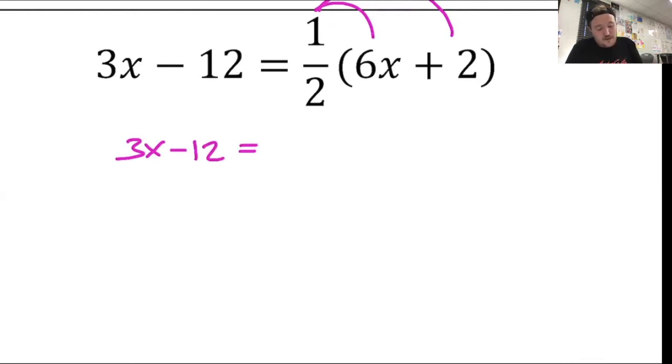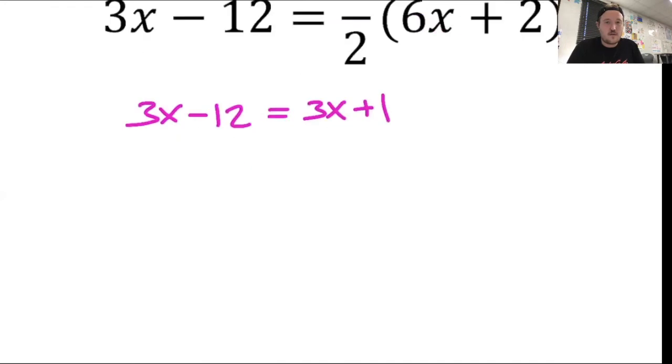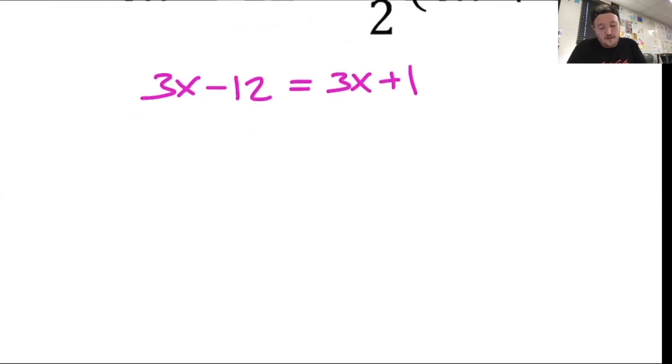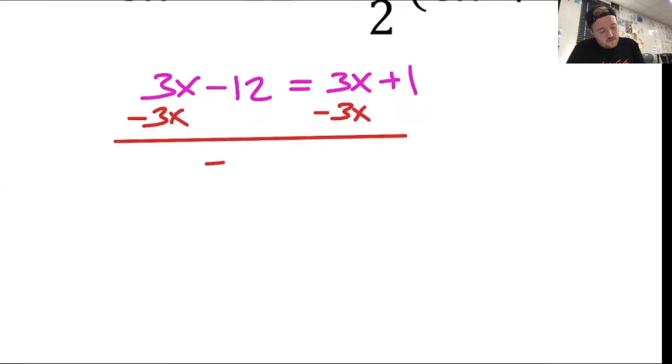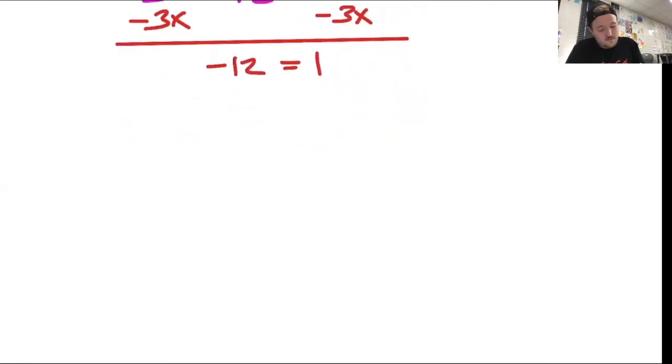So 6 divided by 2 gives you 3x, and then 2 divided by 2 gives you 1. All right, now you got to get rid of variables. So subtract 3x on both sides. So you have negative 12 equals positive 1. Last time I checked, that's not right. So this would be no solution.